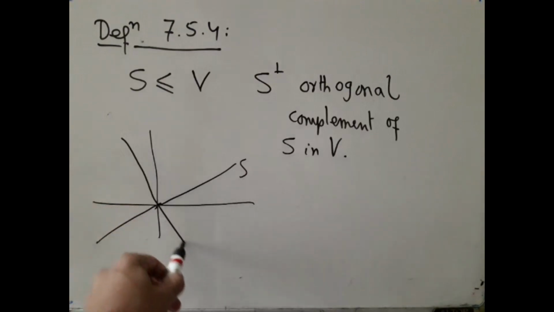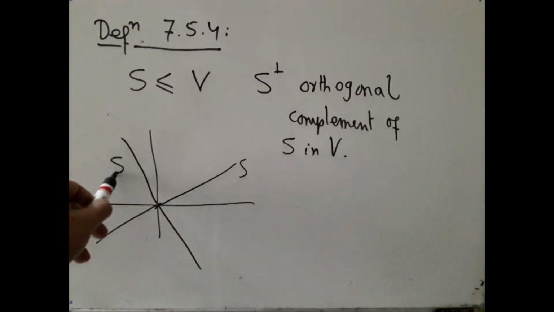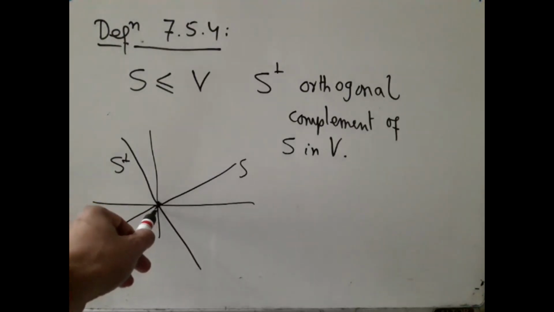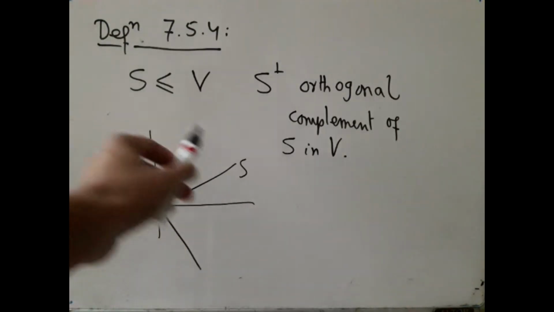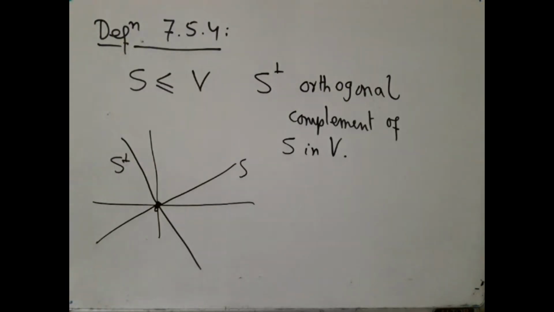Consider the line which makes 90 degrees; that will be S perp. Similarly, if this is just the origin, so S is the trivial subspace, it is easy to see that S perp will be the entire space. There the idea of 90 degrees is not apparent geometrically, but still the definition holds.